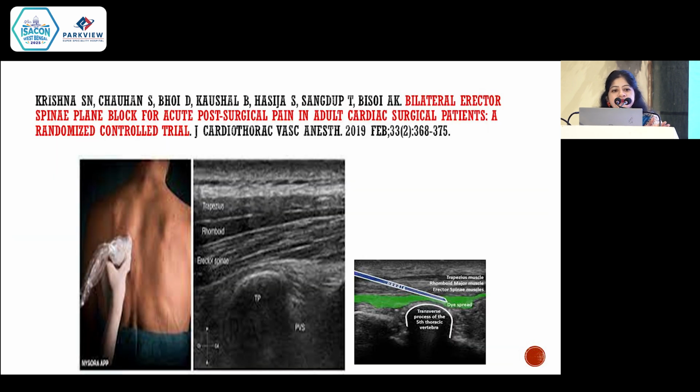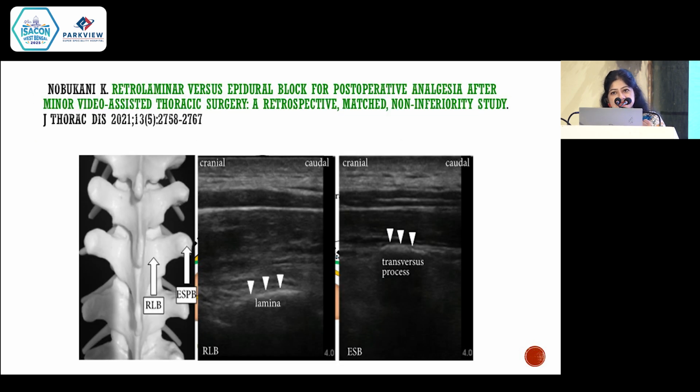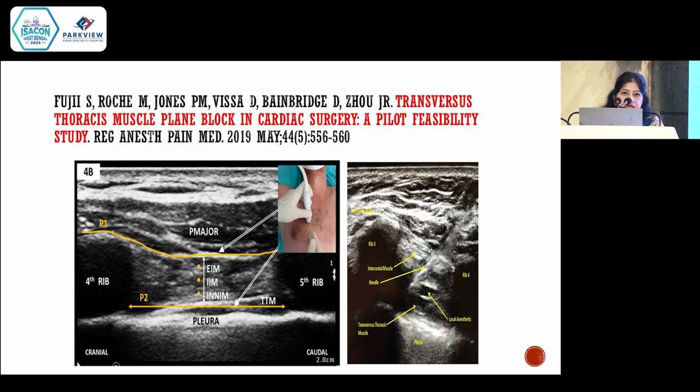Still there is an option for non-opioid analgesia. Non-opioid analgesia has also been integrated into the pain management of cardiac surgeries, and it has been found in different studies that low and ultra low opioid use was not associated with significant differences in postoperative outcomes if we use non-opioid interventions along with the opioids.